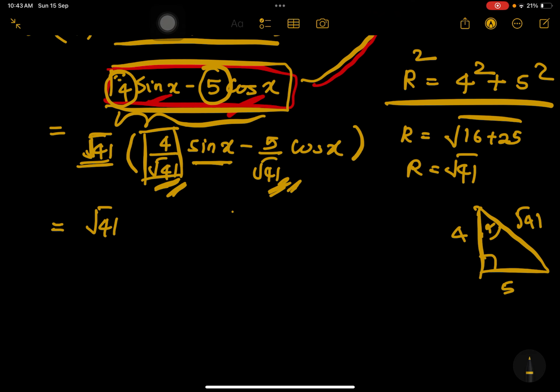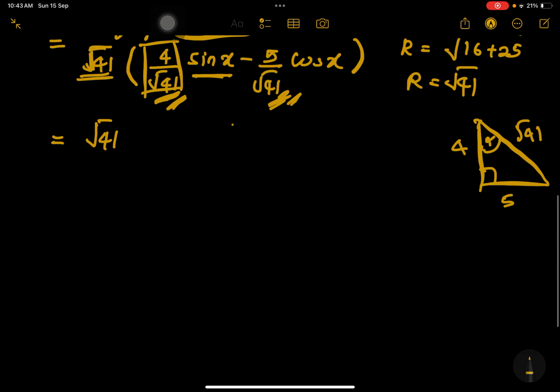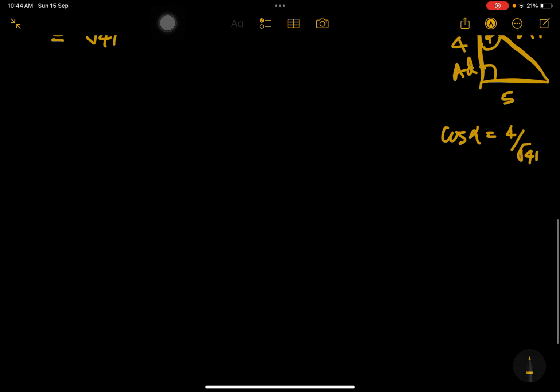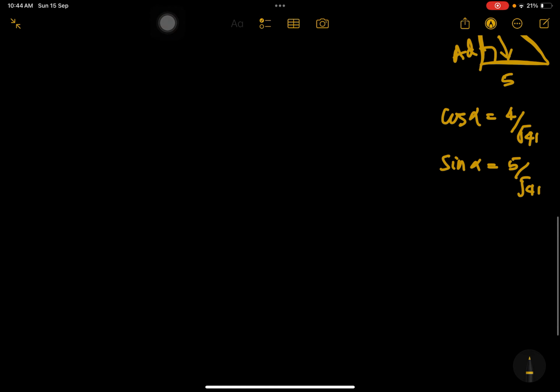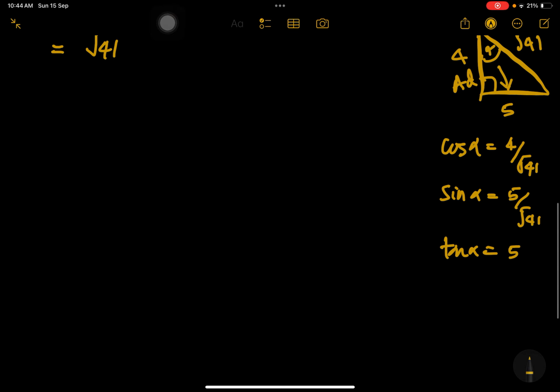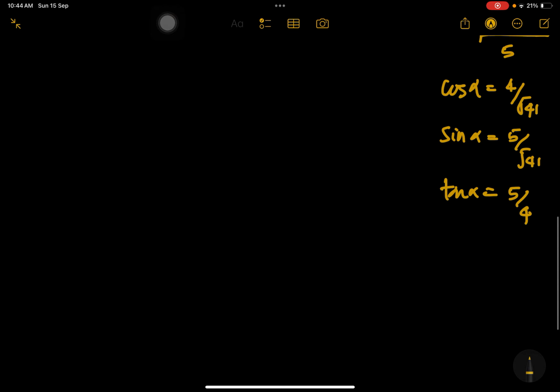Cos alpha is adjacent over hypotenuse, so cos alpha is 4 over root of 41, and sin alpha is the opposite side over hypotenuse, which is 5 over root of 41. Tan alpha will be 5 over 4, so alpha is tan inverse of 5 by 4.